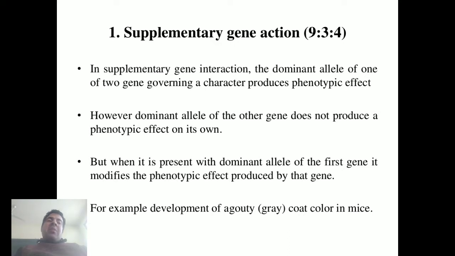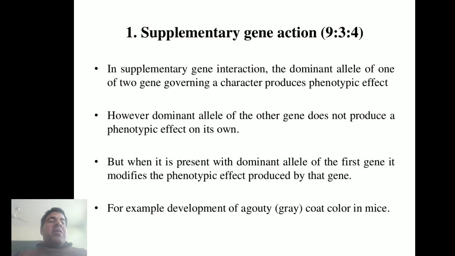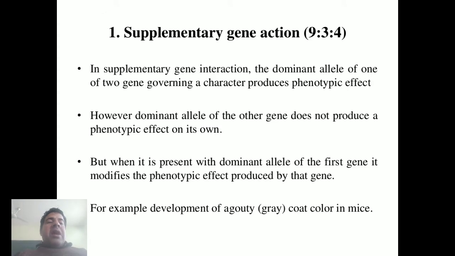Both genes are supplementary to each other, meaning they supply each other. However, the dominant allele of the other gene does not produce a phenotypic effect on its own, but it is necessary as a supplement. When it is present with the dominant allele of the first gene, it modifies the phenotypic effect produced by that gene. For example, development of agouti gray coat color in mice.